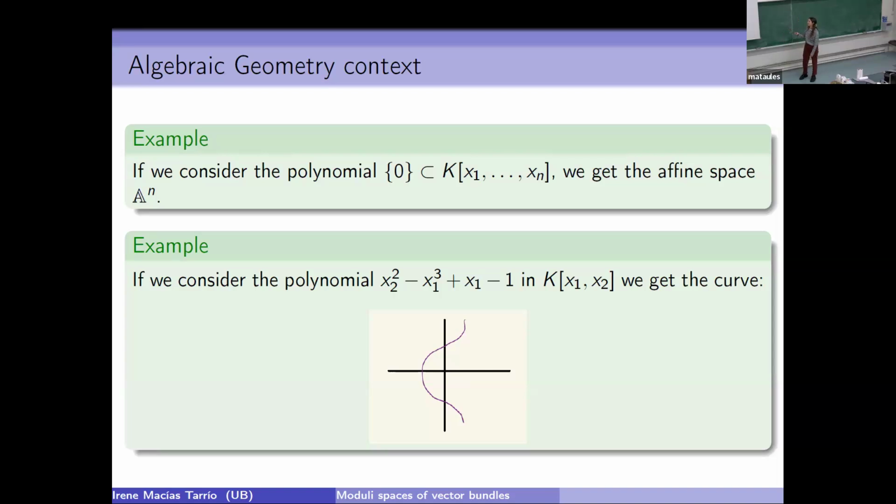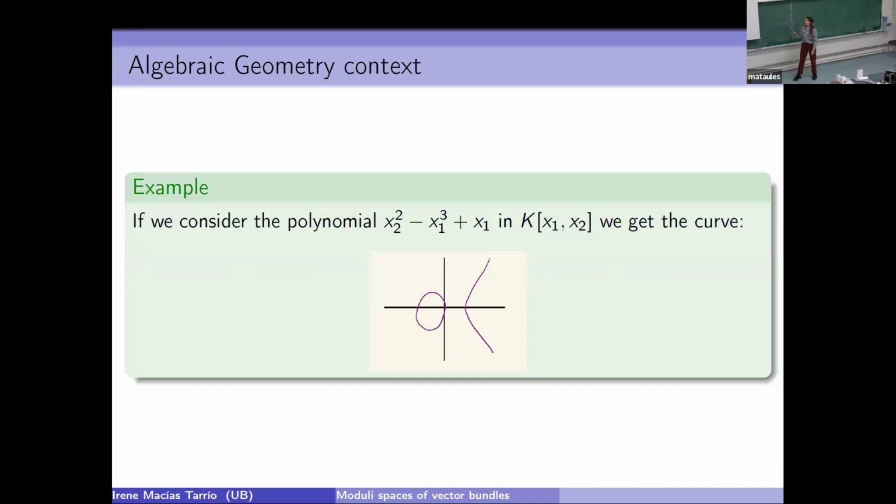Also, if we consider this polynomial and we see which are the zeros, we get this curve. So for us, this will also be a variety. Also, if we consider this other polynomial and we draw the zeros, we get this curve, and this is also a variety for us. So the definition of variety changes a little bit.